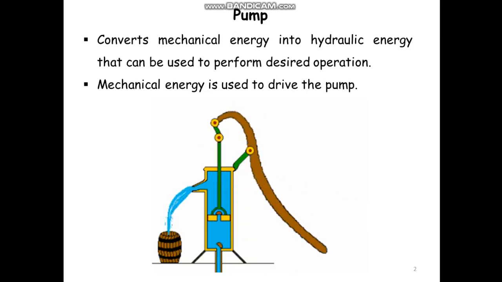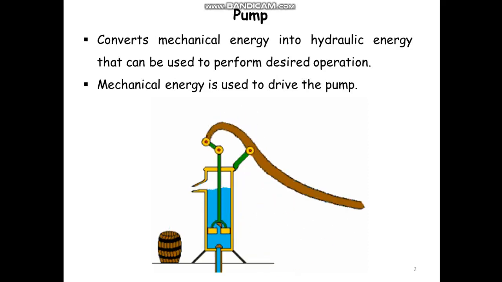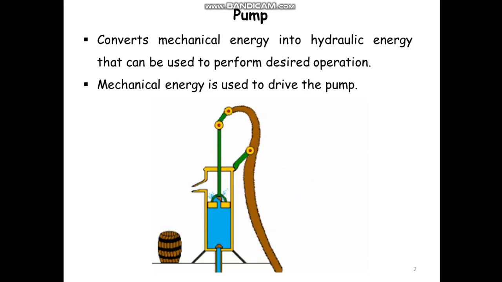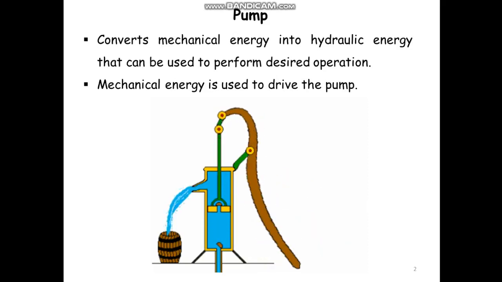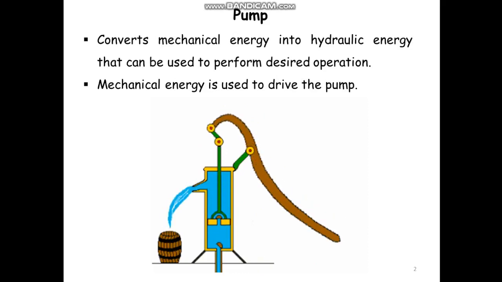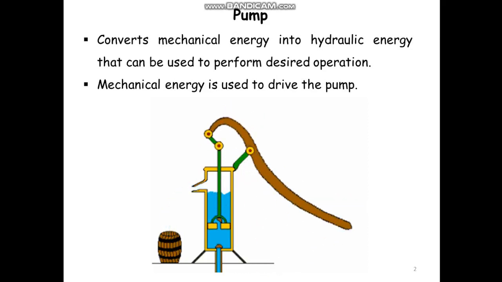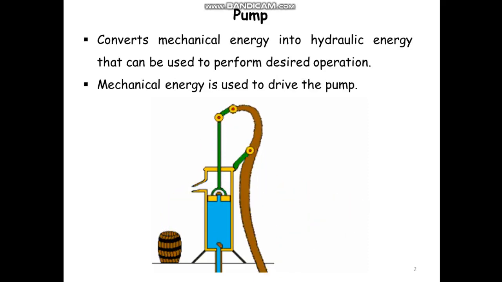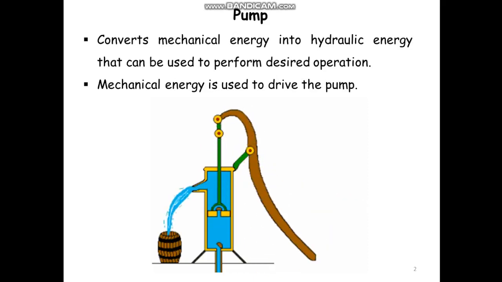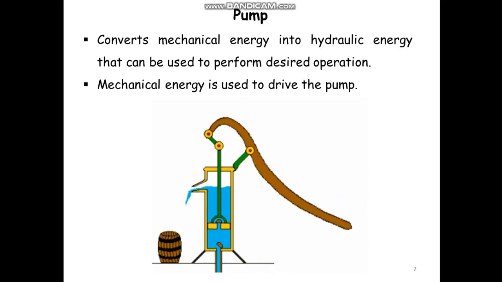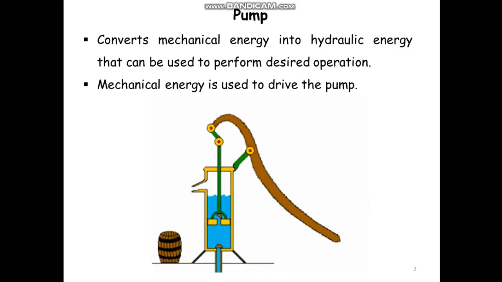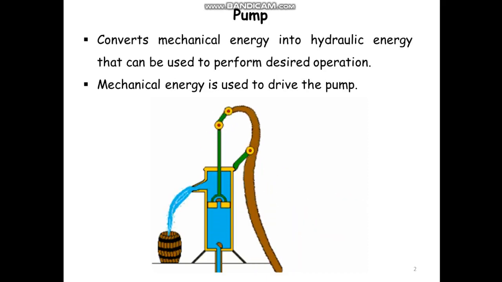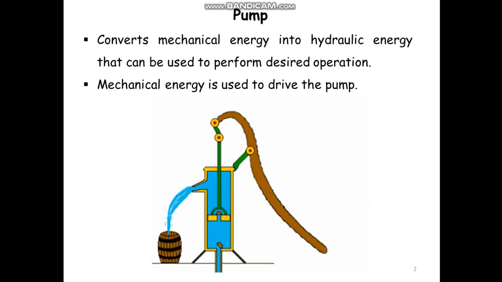Because of this reciprocation, vacuum will be created, and because of the vacuum and the pressure difference, the fluid will be sucked in and pumped, and it will be delivered to the outlet of this reciprocating pump. Basically a reciprocating pump is considered a positive displacement pump because a positive, or we can say confined, amount of volume will be created and diminished while creating the flow of hydraulic fluid, and that is why it is considered a positive displacement pump.